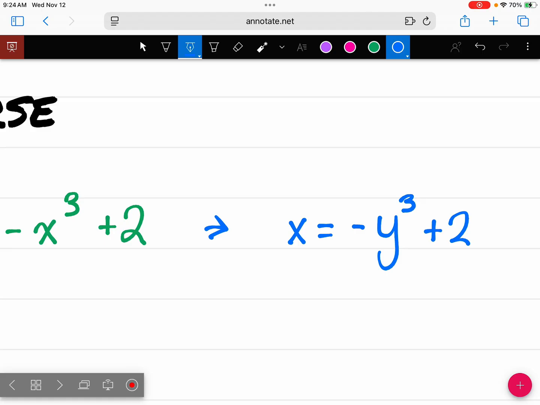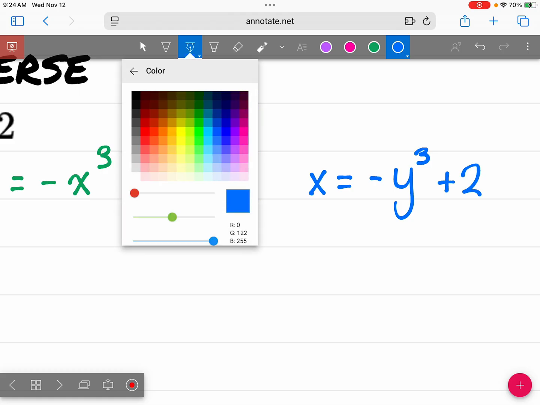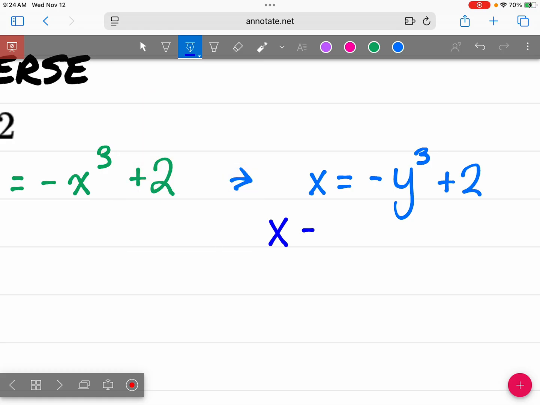What are we going to do first? Subtract 2 on both sides. So if I subtract 2, that's going to give us x minus 2 equals minus y cubed. What are we going to do next?